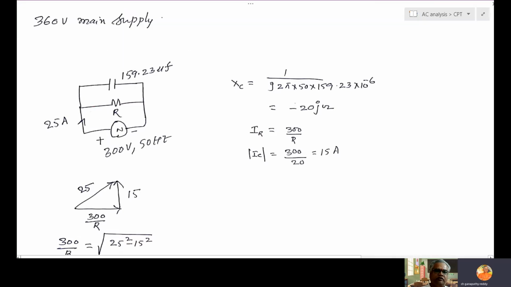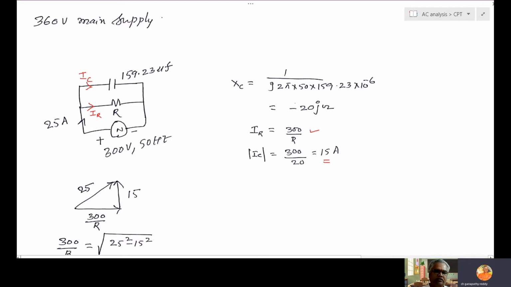So this is IR and this is IC. IR is nothing but voltage by resistance. So 300 by R. And what is IC? 300 by IC magnitude. So capacitor reactance magnitude is also 20. So 15 amps.